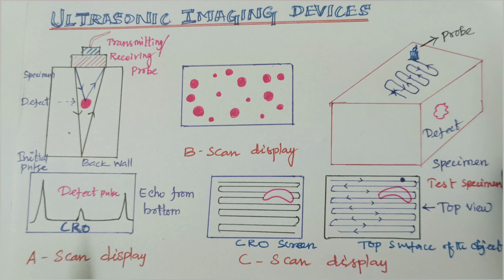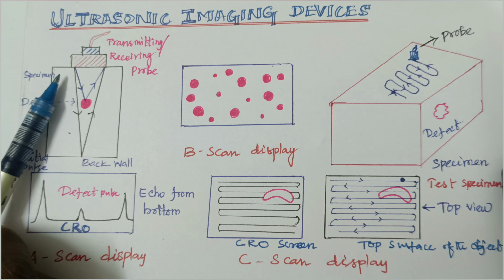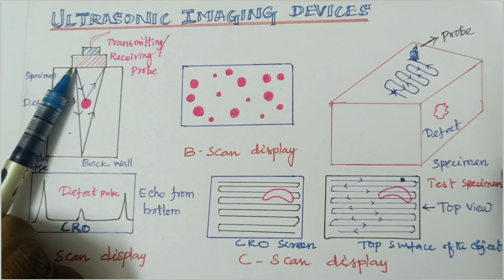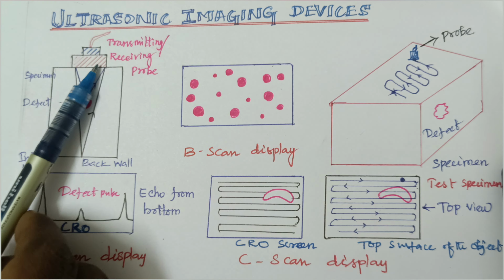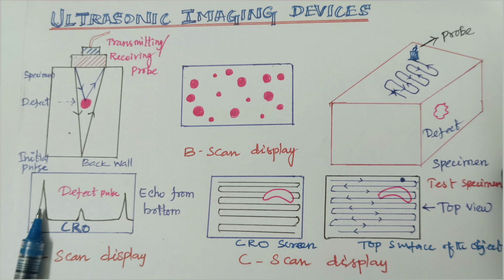Now, if the ultrasonic wave passes through the medium, that is the material, the sound falls on the surface of the sample and is reflected back to the receiving probe. You can see the input pulse or initial pulse. The intensity is very high.